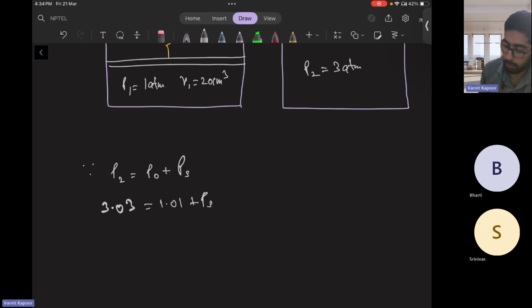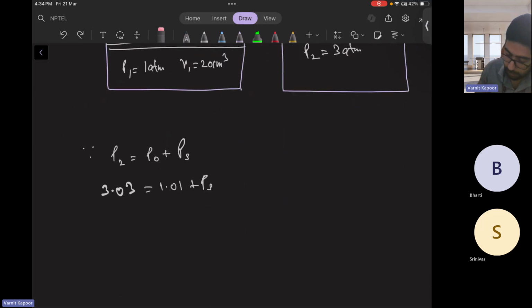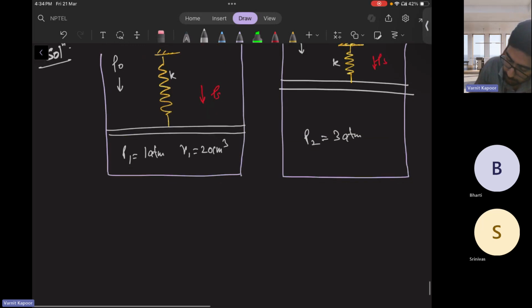I'm just balancing the forces in this diagram. Initially P1 and P naught will be the same because they are balanced. PS will be 0. I guess you're a bit confused here. This is your state 1, and this is your state 2.